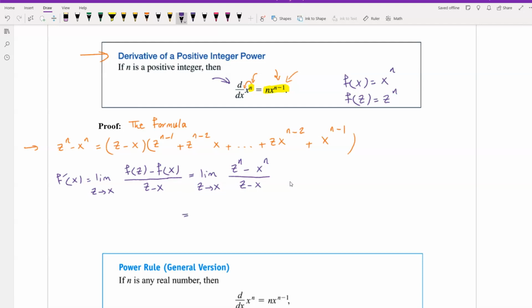So based on what I have here, the left side is z to the n minus x to the n power divided by z minus x. If we divide both sides by z minus x, we're going to have z to the n power minus x to the n power divided by z minus x equal to, simplifying that part, that will be equal to this part. So we're going to write this one here on this part.